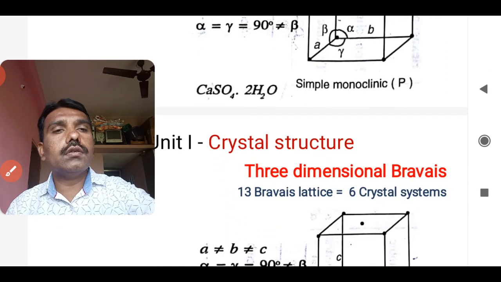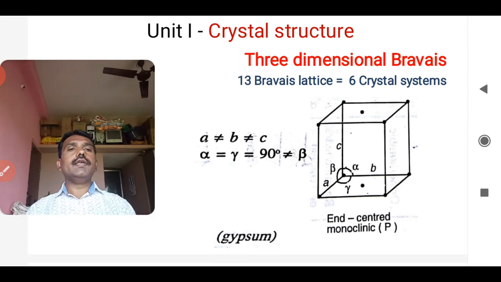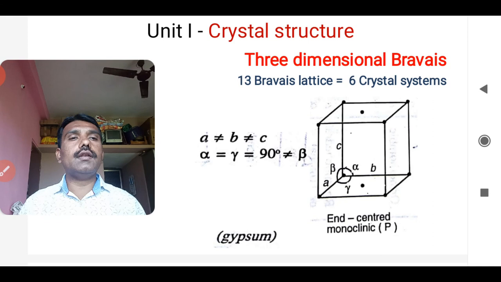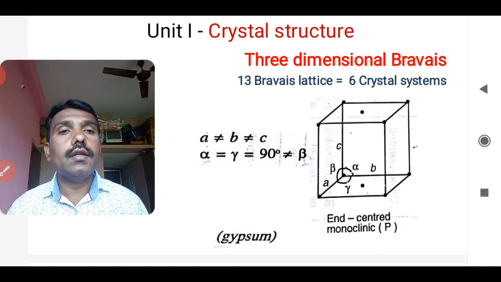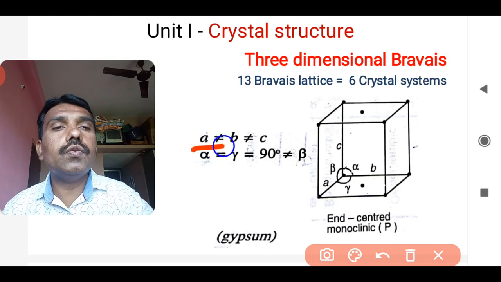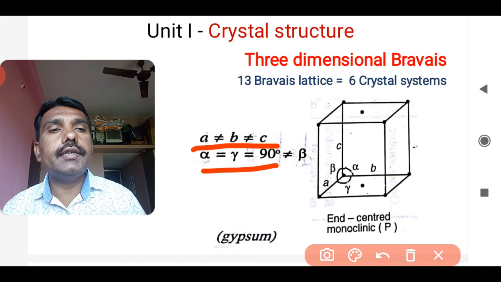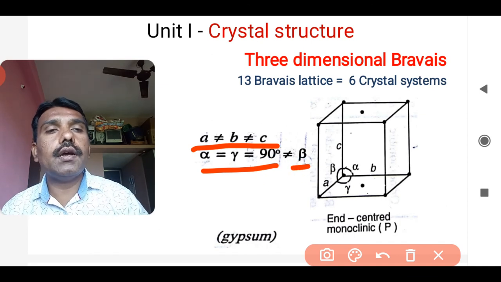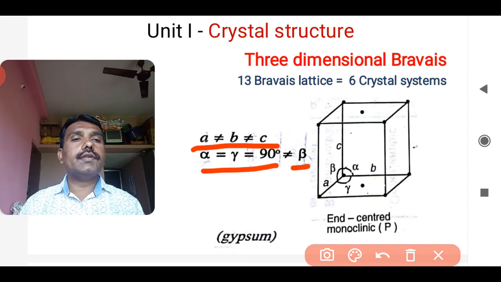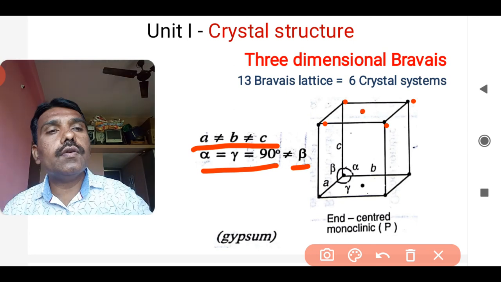Now moving forward to the 13th Bravais lattice, it is a little bit the same crystal lattice, the sixth crystal system. That means it is a similar crystal system, where a is not equal to b is not equal to c. Again, alpha and gamma are 90 degrees, but beta is not equal to 90. This is the case where the points are on the corners as well as at the center of the top and the bottom.